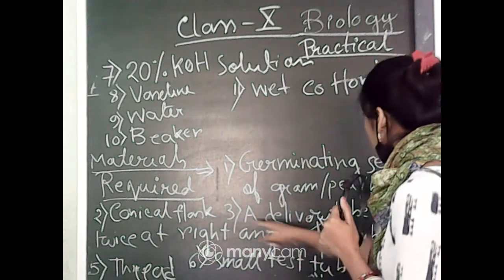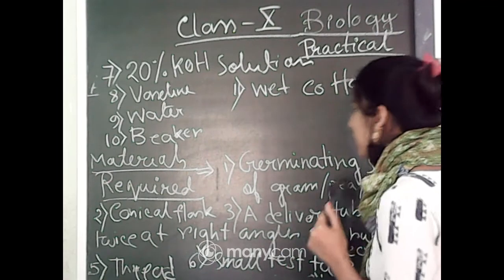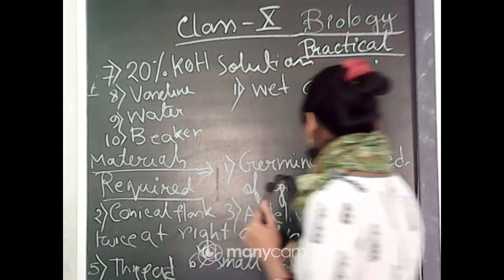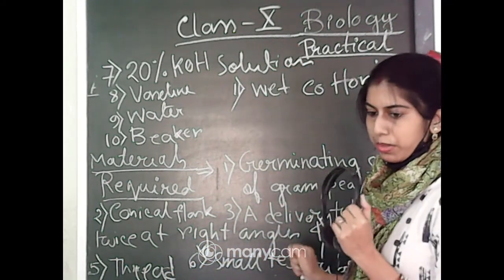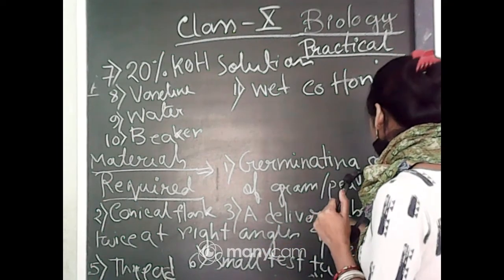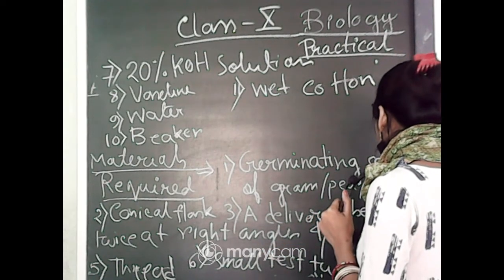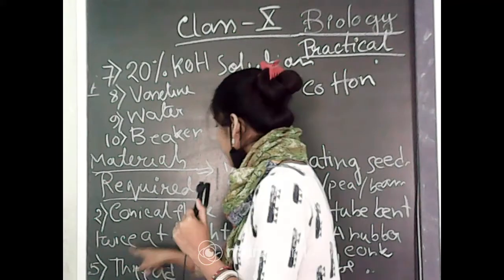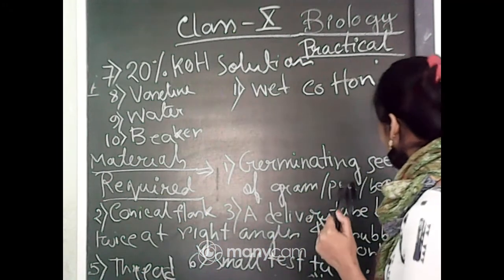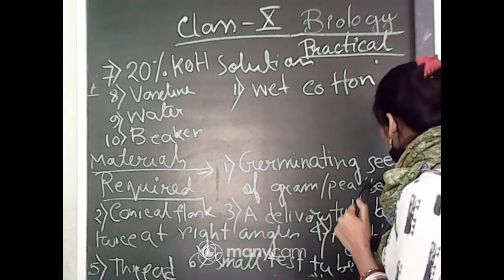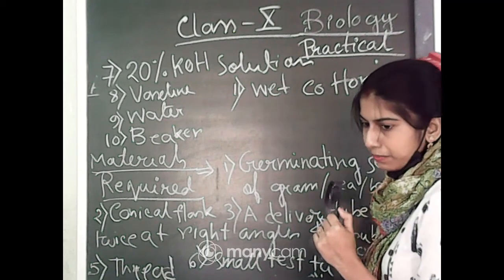Third is a delivery tube bent twice at right angles. Fourth is a rubber cork.